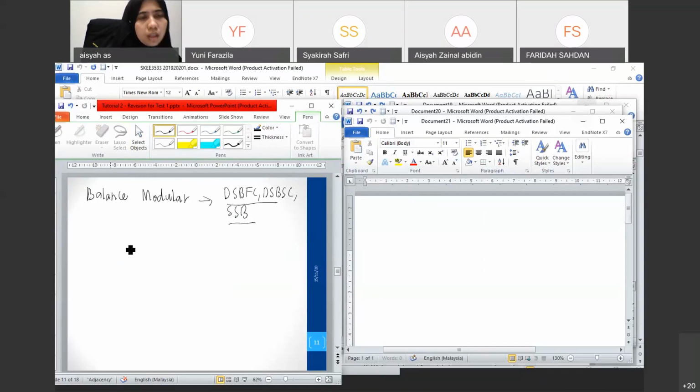Okay, for the DSBFC, we have the frequency spectrum like this. So we have FC plus FM and FC minus FM.